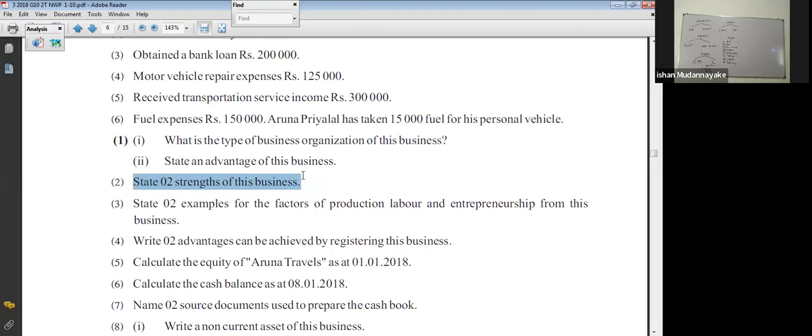Yes, very good. Then write down: having adequate capital, or having enough capital. One of the strengths.